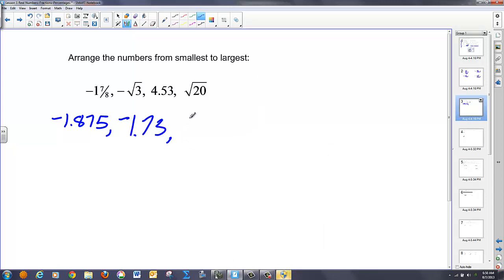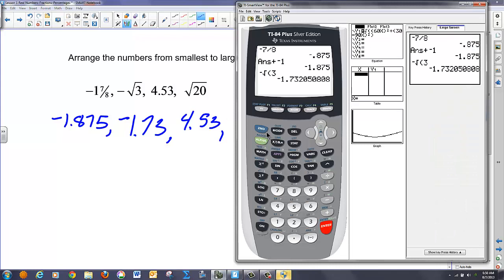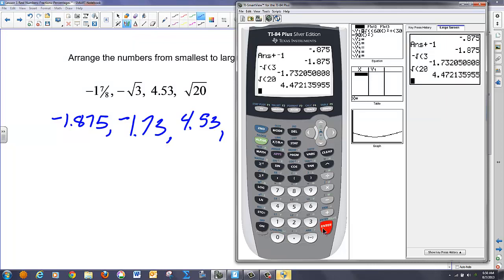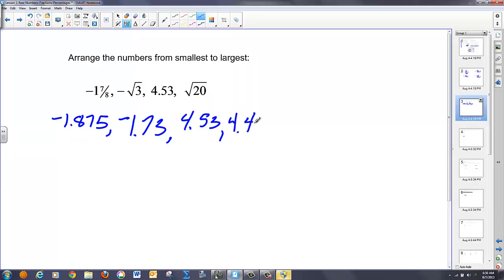And then I've got 4.53 as given. Then I have to find out what the square root of 20 is, so once again use my root button, square root 20, hit enter, and we get 4.47. So now I've got enough information to arrange this smallest to largest. The larger the negative number, the smaller it is. So this is my smallest.